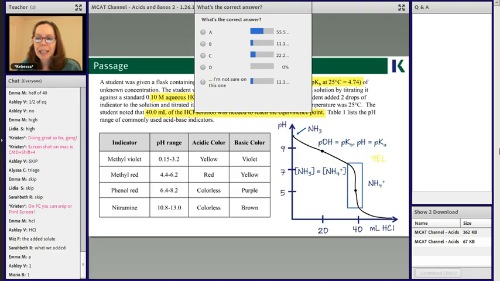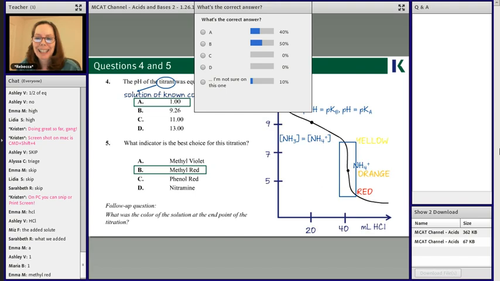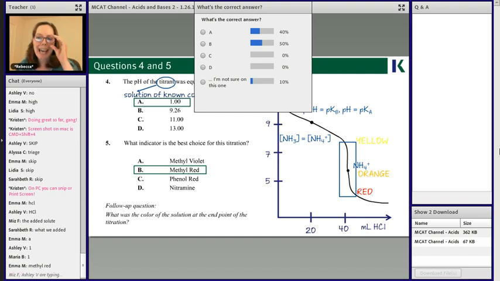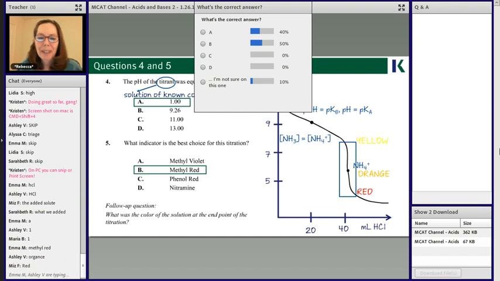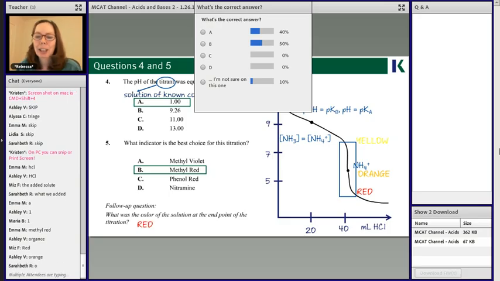There's where we end up. Look at what fits beautifully into our scale. What's the correct answer here? The correct answer is our friend, methyl red. And what color are we going to end up with? It's actually going to be slightly past it, down into the red.